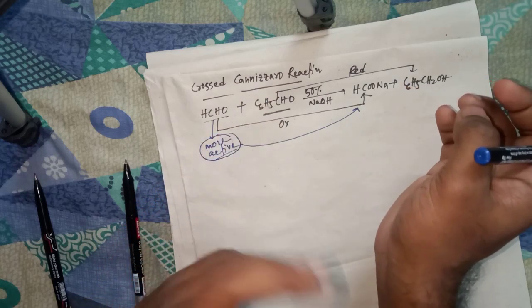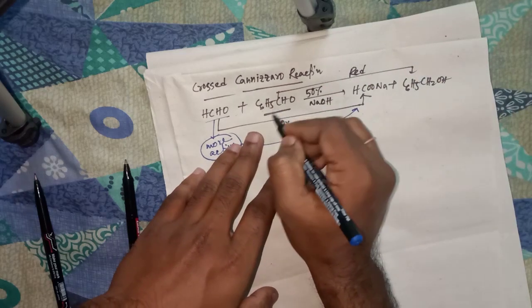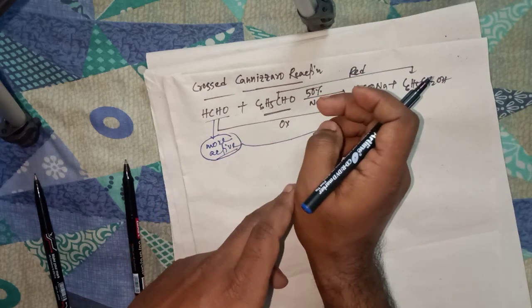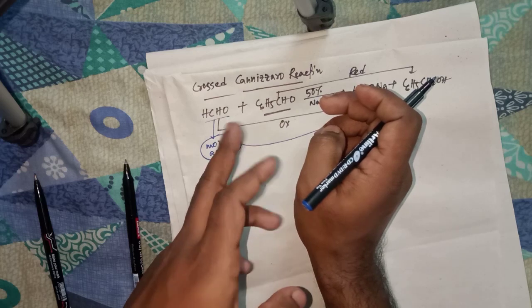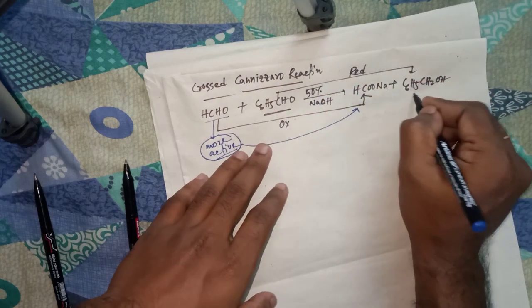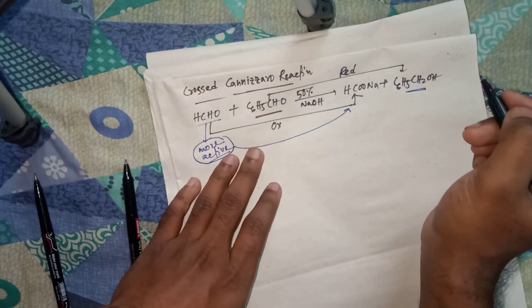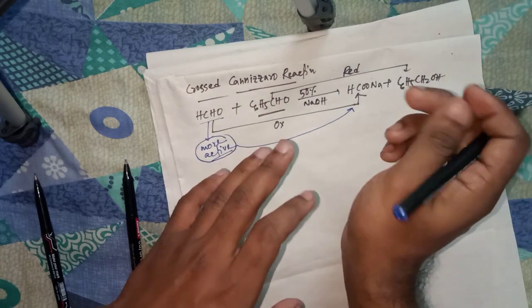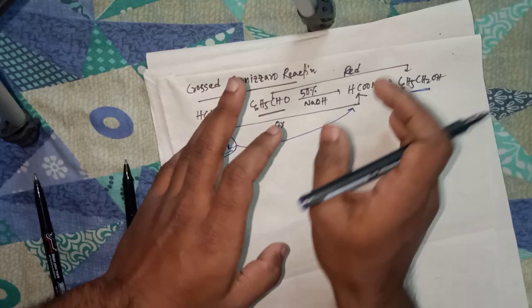This is the oxidation reaction. Benzaldehyde is not as active as formaldehyde, so it undergoes the reduction reaction and forms the alcohol. So this is about the Cannizzaro reaction.